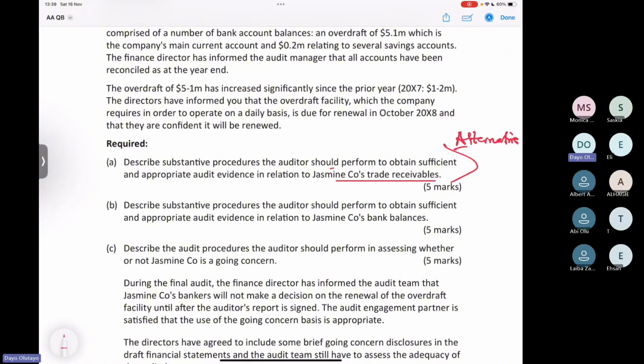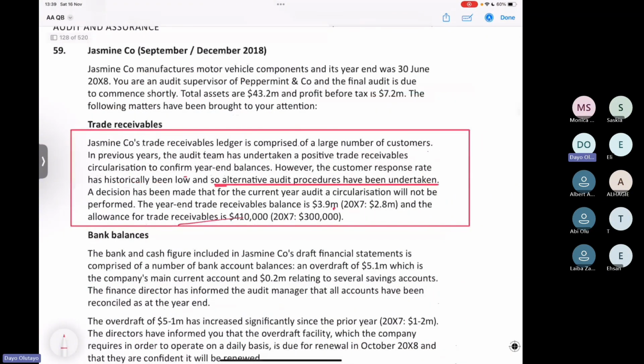Because the auditors have said they are not going to do confirmation. See, the audit team has undertaken positive trade receivable confirmations to confirm year-end balances. However, customer response rate has historically been low, so alternative procedures have to be undertaken.